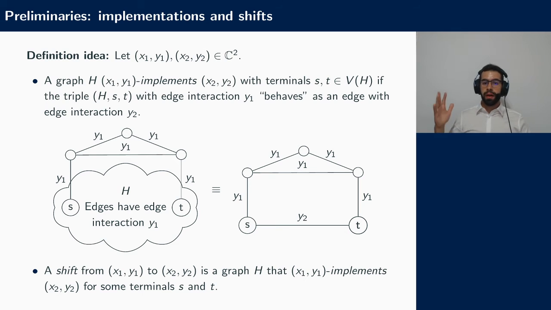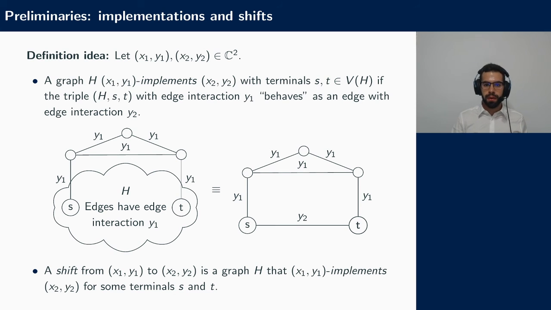So if we know how to evaluate the Tutte polynomial at (x1, y1), we know how to evaluate the Tutte polynomial at (x2, y2). Therefore, if we have hardness at (x2, y2), we have hardness at (x1, y1). That's the idea, okay? Now we say that there is a shift from the first point to the second one if there is a graph that using the first point implements the other one.